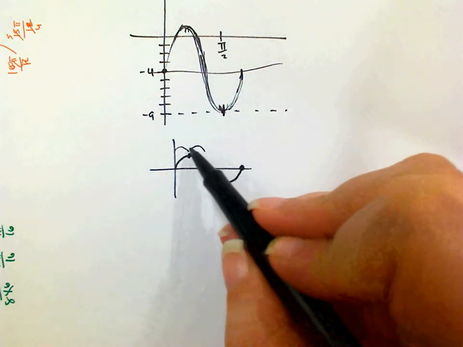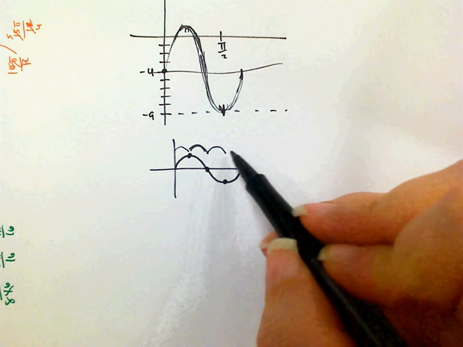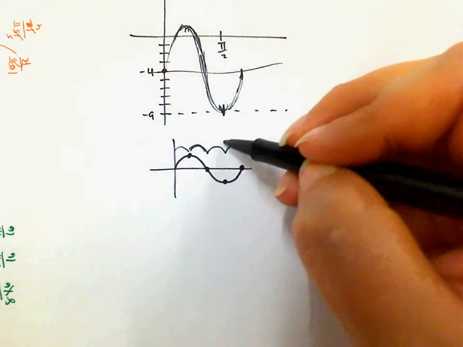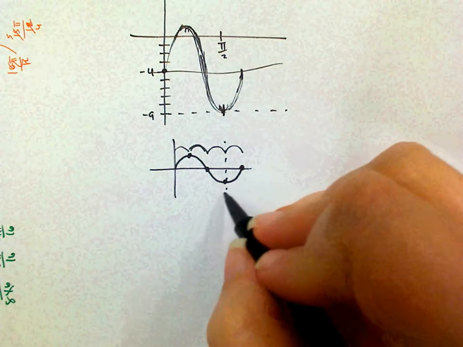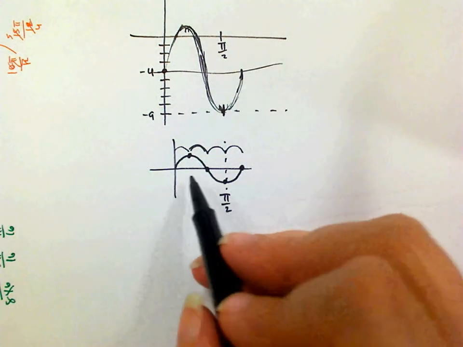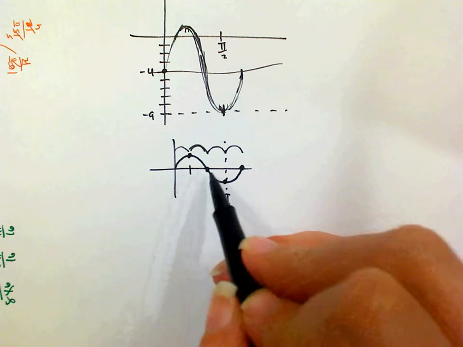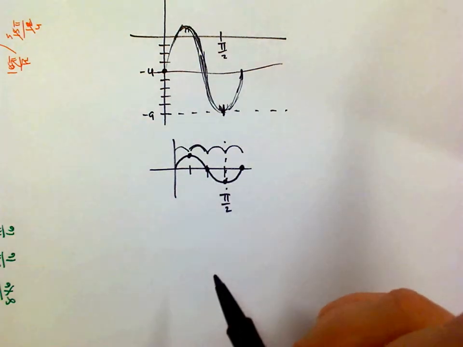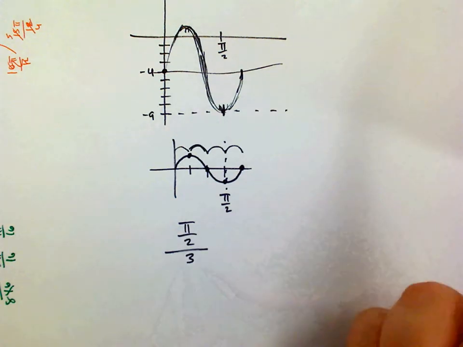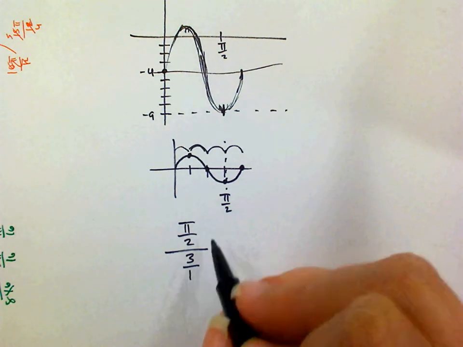Well, what I can see is that pi over 2 can then be split evenly 3 ways. So if I divide pi over 2 by 3, and dividing by 3 is the same thing as multiplying by 1/3, then that means that 1/4 of the wave is 1/6. And if that's 1/6, then what I can do is just count by 6.